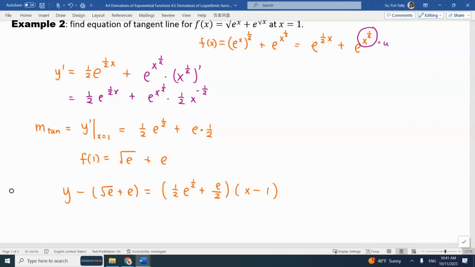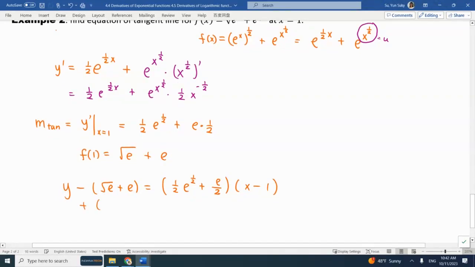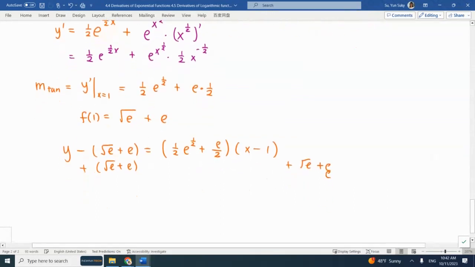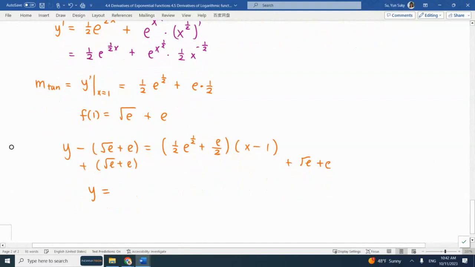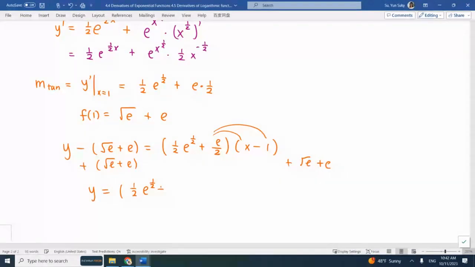Okay. And you can solve for y. I would say you can add this thing to both sides, right? Then y equals, you can also distribute. See, when you distribute, you get 1/2 e to the 1/2 plus e over 2 times x. And then I want to minus 1.